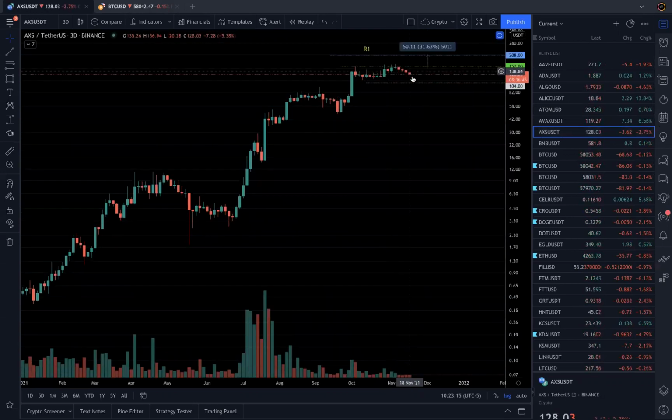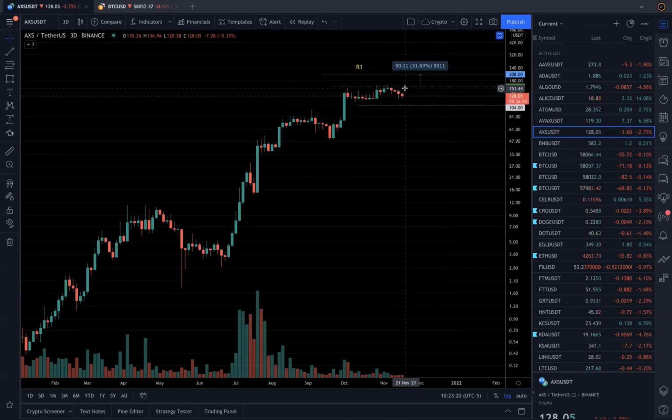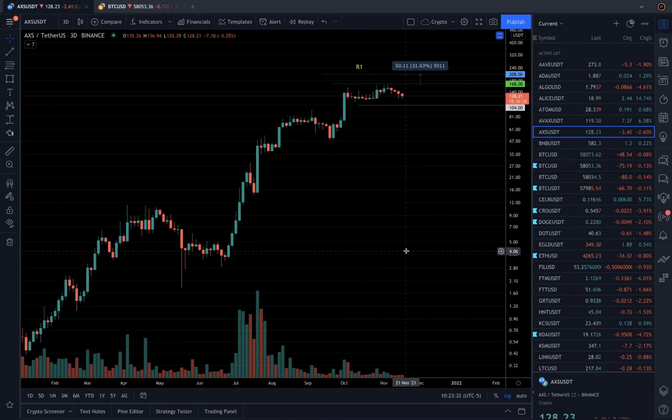XS is flat, no risk as such, but no opportunity as such. It has to break above. So I'll bring the green level up a bit, just to avoid the spikes, and make it 168 as a round figure. Unless and until it breaks above 168, expect it to continue moving sideways.